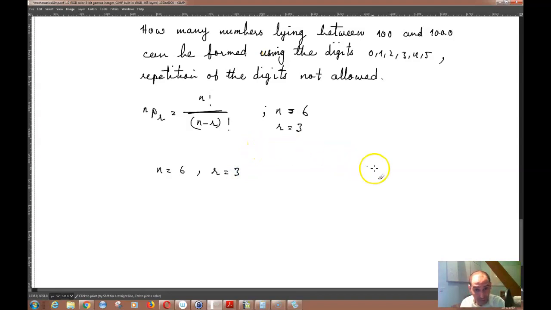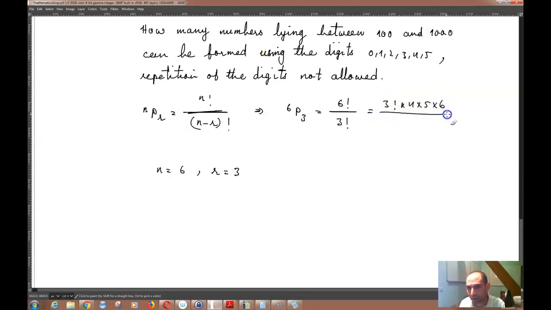Then using this formula, you can calculate, for example, 6 permutation 3, which would be equal to 6 factorial over 6 minus 3, which is 3 factorial, which would be basically 3 factorial times 4 times 5 times 6 over 3 factorial, which is the same thing as 120, right?